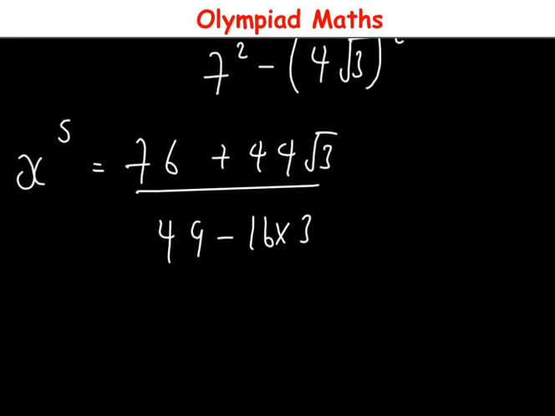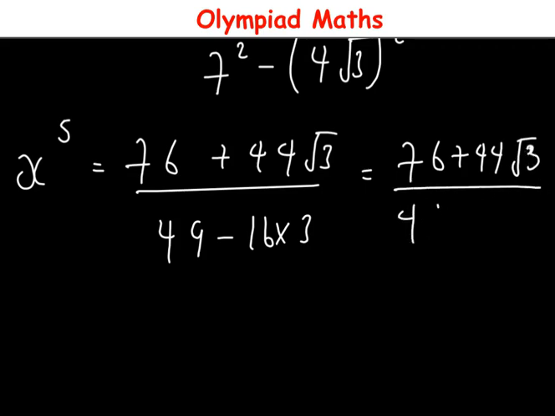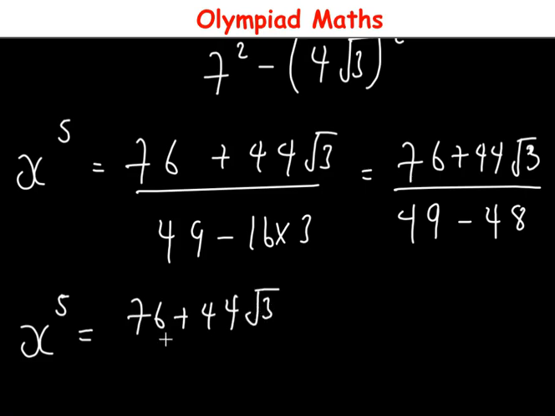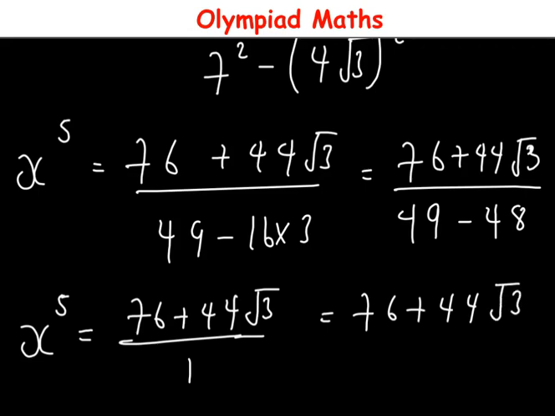So this is then equal to 76 plus 44 root 3, divided by 49 minus 16 times 3, which is 48. And from here, x raised to power 5 is then equal to 76 plus 44 root 3 over 49 minus 48, which is 1. So this then equals 76 plus 44 root 3.